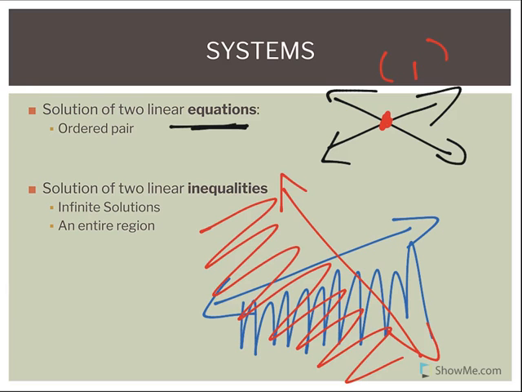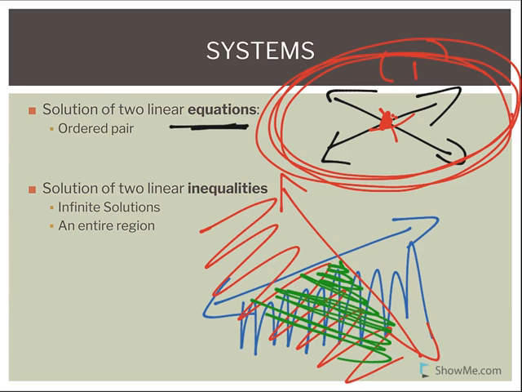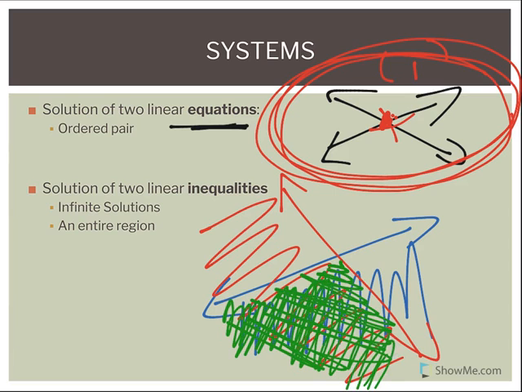Now, just like with systems of equations, we look for everything they have in common. That was a single point before, but here we have an entire shaded region that represents both, because it's blue as part of the first and red as part of the second. So every single point in this region is a solution.